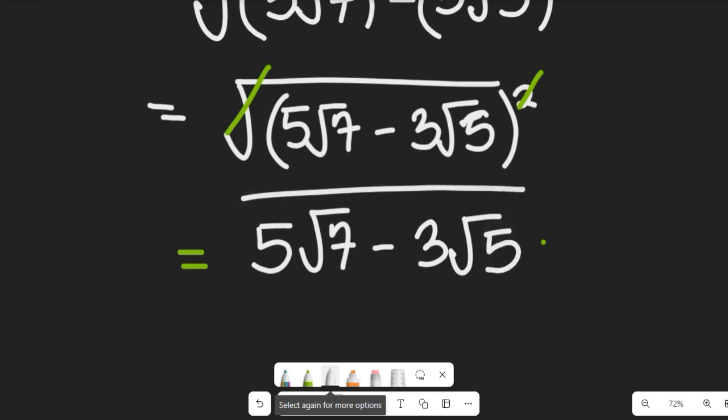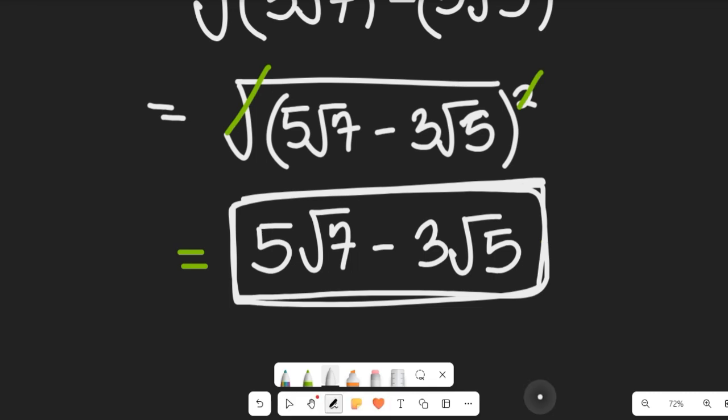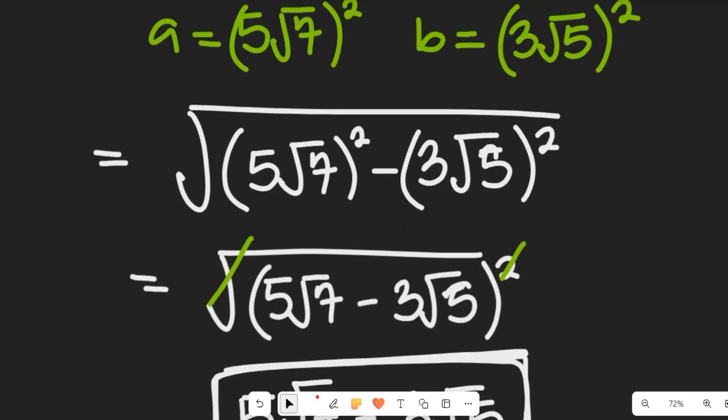And from that expression, this remains the solution to that expression, because 5 root 7 is definitely greater than 3 root 7, which is the absolute solution to that expression given to us up there.